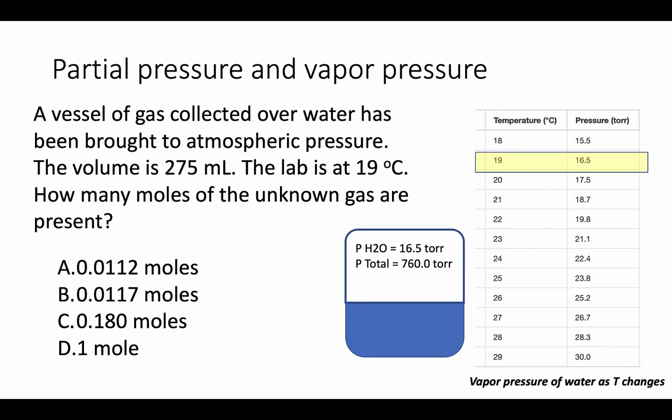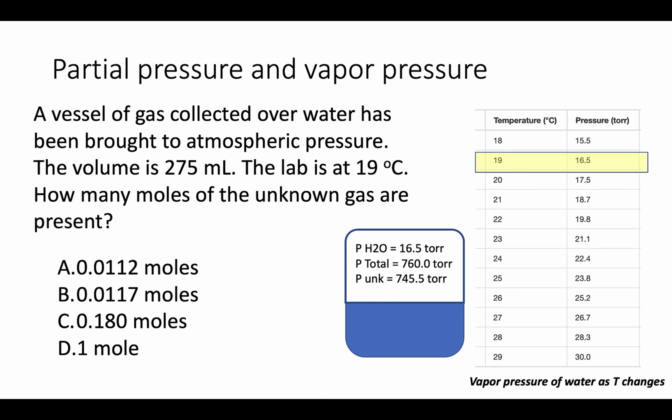And so if we know that this is a gas that contains the water vapor from the vapor pressure, as well as the pressure of the gas itself, then we know that the unknown pressure here is going to be 745.5 torr as well. So that is the rest of the partial pressure, right? The partial pressure of the unknown plus the partial pressure of the water, which we calculate from the vapor pressure, gives us 1 atmosphere.